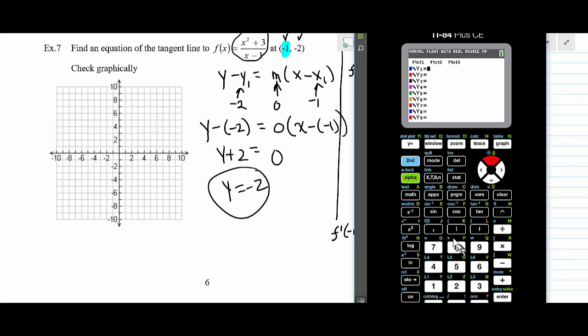Now when you put this function in, you've got to have parentheses around the whole numerator. So you'd have x squared plus 3, and then divide by x minus 1, so it has to go like that. Okay, and then the second equation is y equals -2, which should just be a horizontal line.